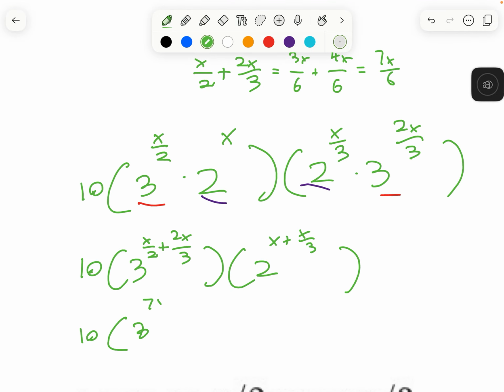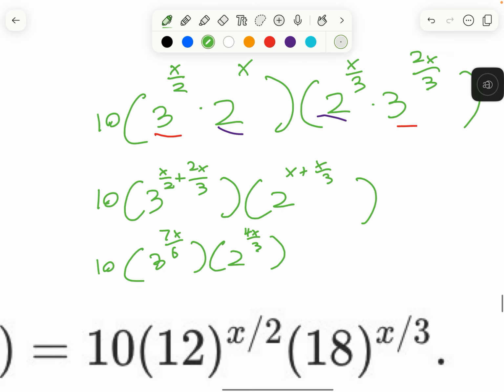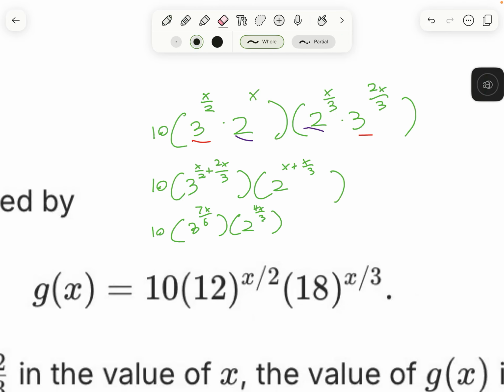So this is 3 to the 7x over 6, this is 2 to the 4x over 3. I can just do this in my head, but same logic if you can't: just use this fraction addition and look for the LCM.